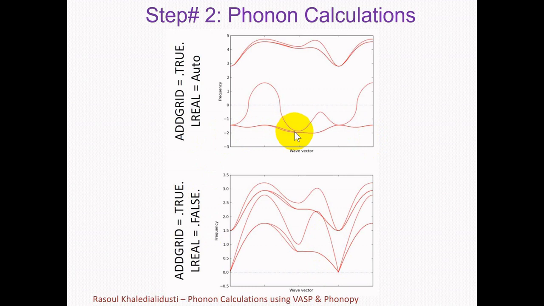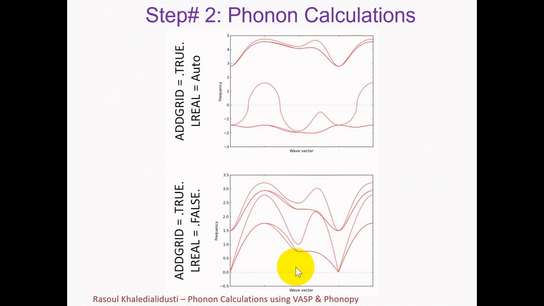Here you can see the effect of evaluating the projection operators in reciprocal space. On top, the phonon frequencies are calculated while the projection operators are evaluated in real space. However, here the phonon frequencies of the same structure are calculated while the projection operators are evaluated in reciprocal space.